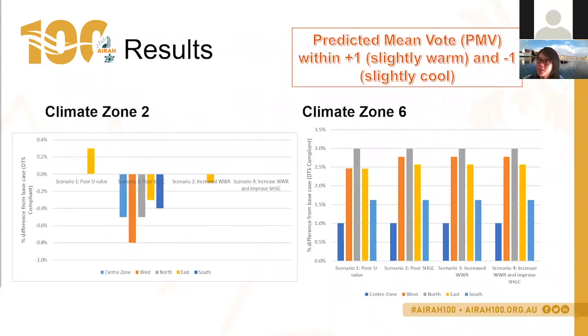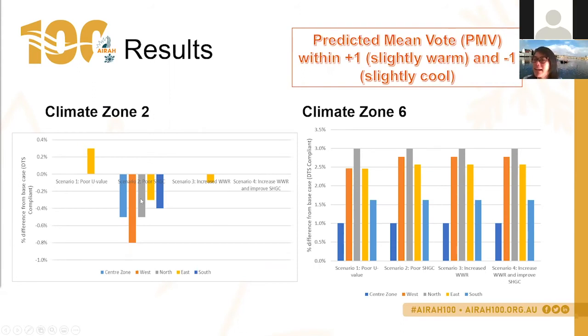I don't spend too much time on thermal comfort. Just to note that with the DTS requirements, it was already quite high in what we modeled here. We were already looking at about 97% of the time these PMV, predicted mean vote, requirements were met. And in most cases in climate zone 6, it's going to 100% most of the time.